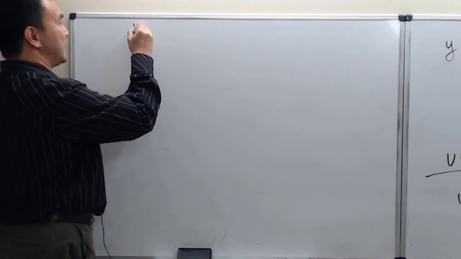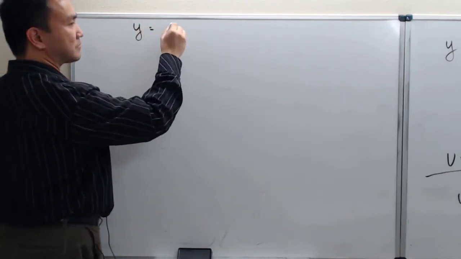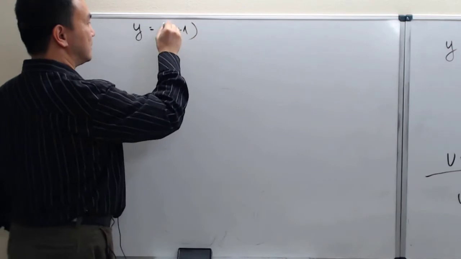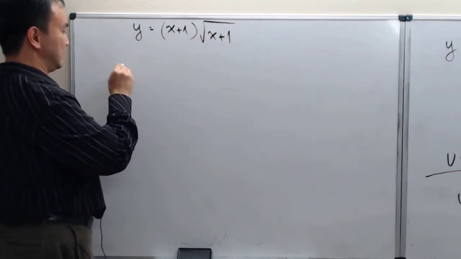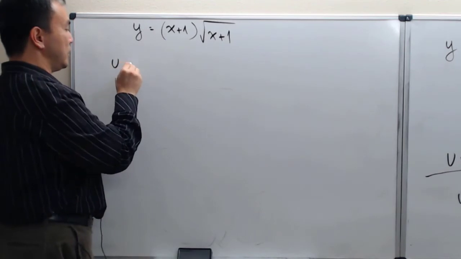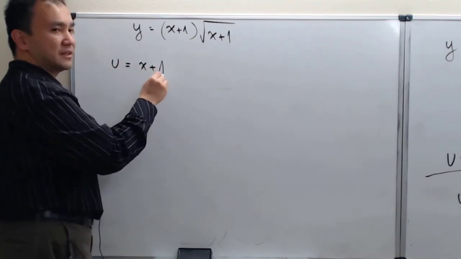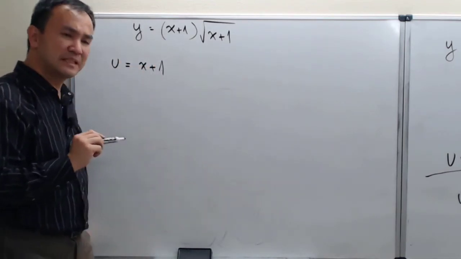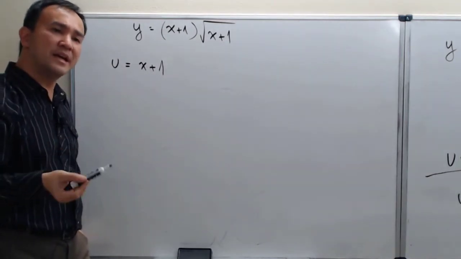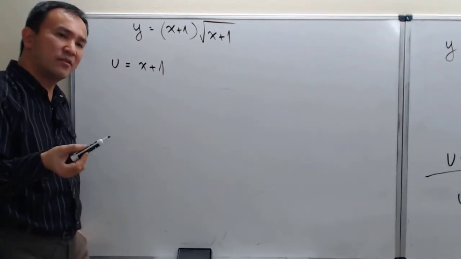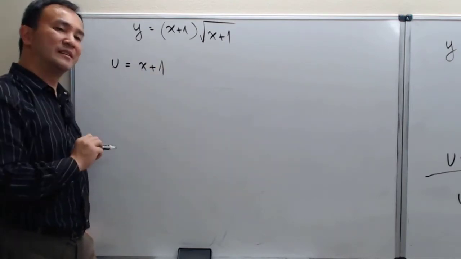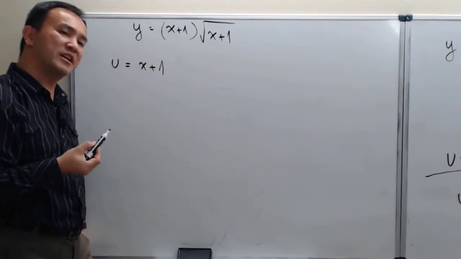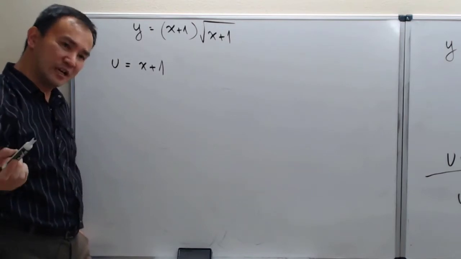So back to our beginning function, being x plus 1 times square root of x plus 1, for example. Now if we choose u equals x plus 1, and for anyone who is beginning to study calculus, I recommend that you experiment with as many different ways as possible for yourself as well.